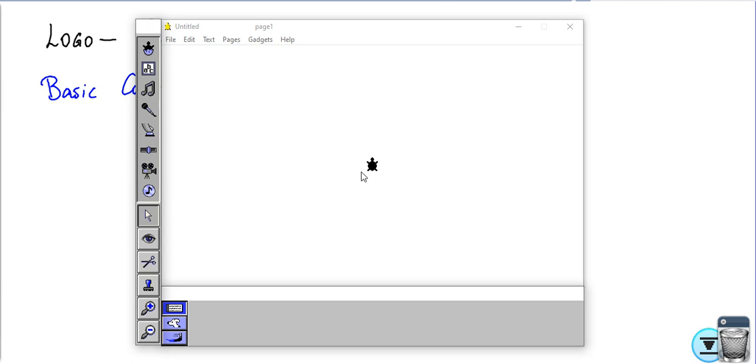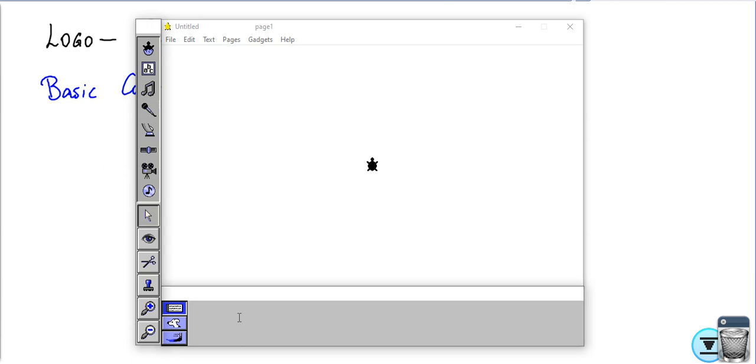There are various menus here, and there is a command center where we're going to type the commands. Okay? So these commands, which I'm going to teach you about right now, are used to move the turtle. So the turtle knows, for example, how to move forward. The turtle knows how to move backwards. And we're going to use those commands so that we command the turtle to take some steps.